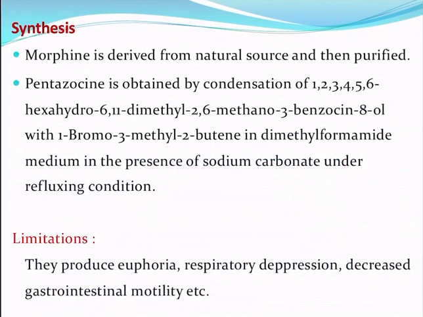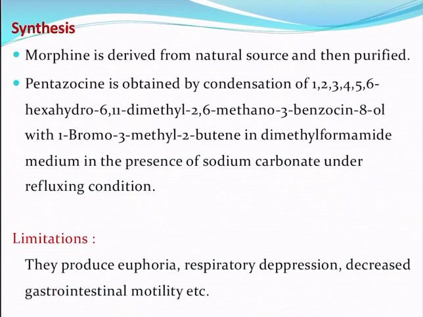Now let us see what the side effects of these narcotic drugs are. Obviously, side effects will be there. The narcotic analgesics produce euphoria, an emotional and mental state defined as a sense of great happiness and well-being. Next, respiratory depression.